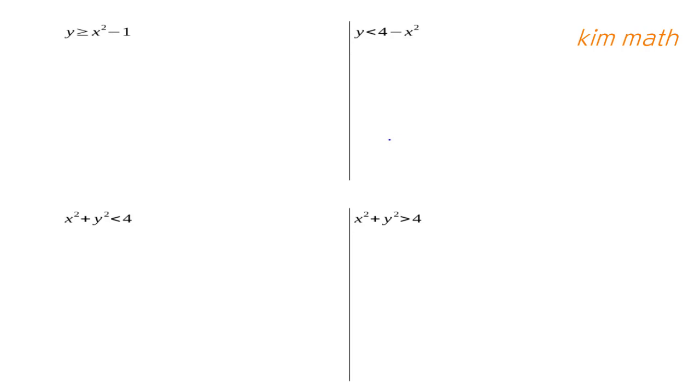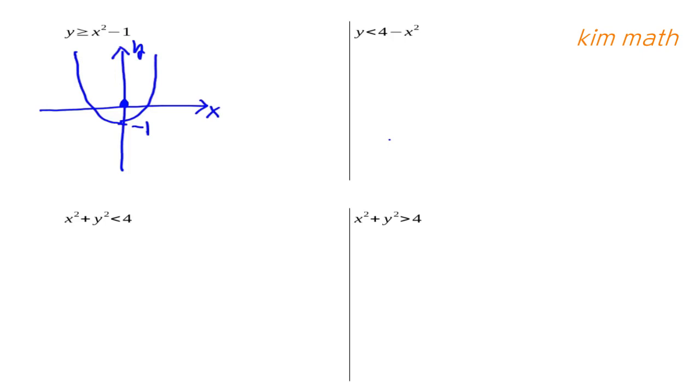Now, second one, this one, y is greater than or equal to x squared minus 1. Always, please sketch the graph first. The y-intercept is negative 1 and x squared with a solid line here. Again, I will choose (0, 0).